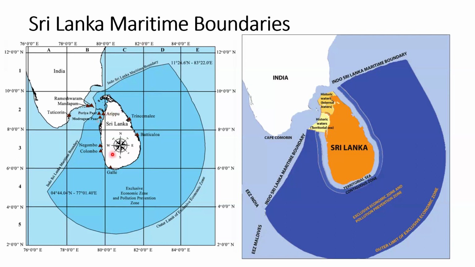Now here you can see this blue color region, that we call the exclusive economic zone and pollution prevention zone, belongs to Sri Lanka. Now you can see our country's total land area is 65,000 square kilometers.